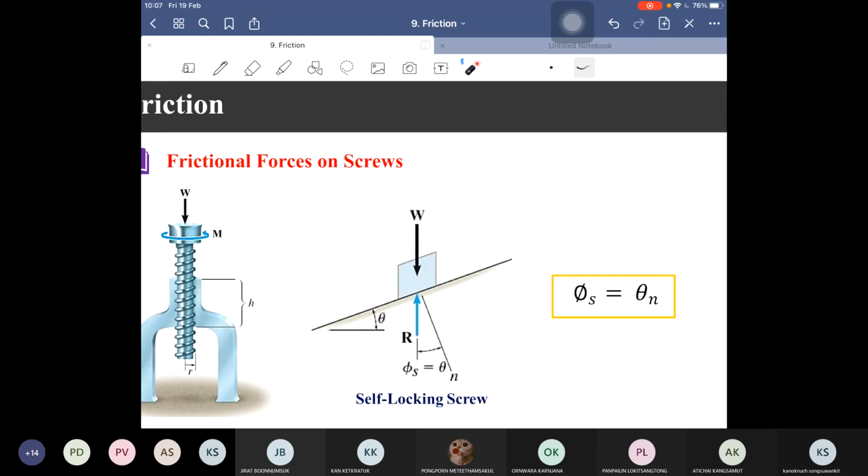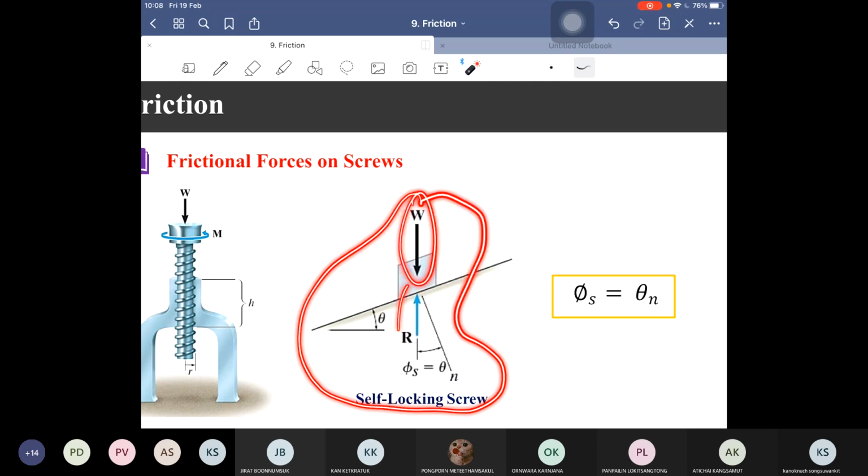To make a screw in the self-locking state, this equation must be satisfied. That is, phi s must be equal to the angle theta. Okay, then the screw becomes self-locking. Only two forces to consider, W and R.